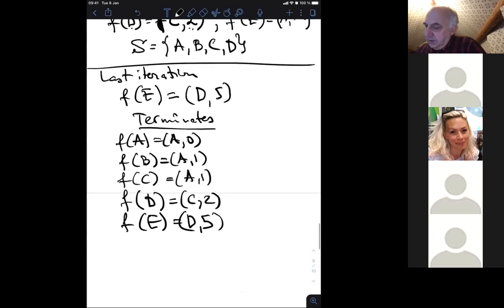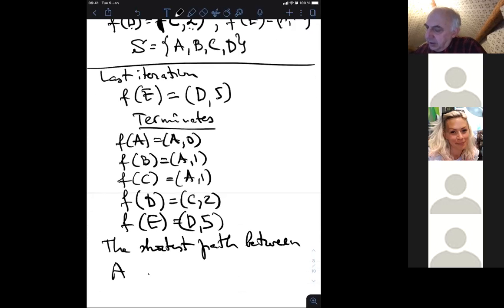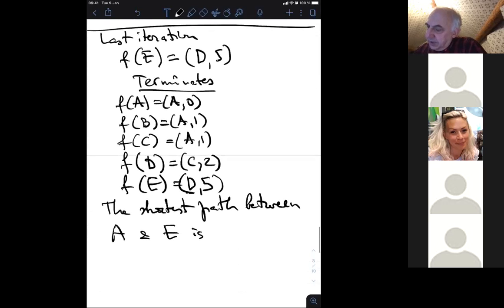So, for example, the shortest path between A and E, we read it off here. So we start with E. E's first element in its label is D. We should go to D. We are going backwards.